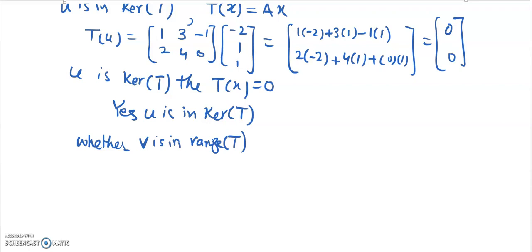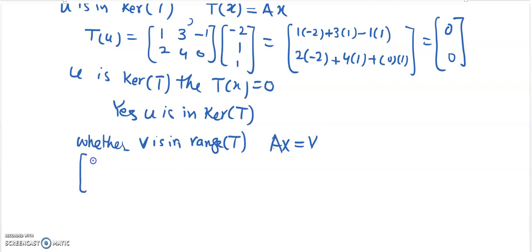To check whether V is in the range of T, we need to consider the linear system AX is equal to V, which means that we need to find the solution for X. Okay, so in this case, how do we find the solution?